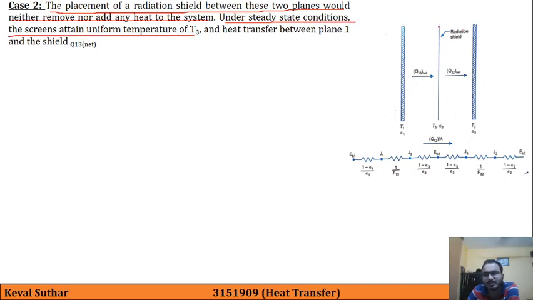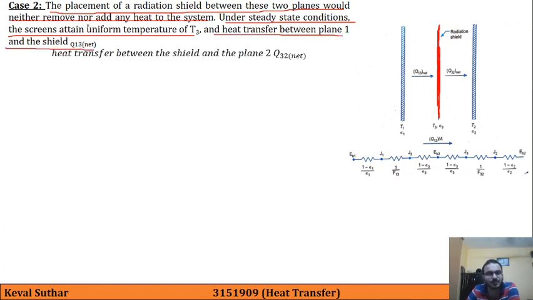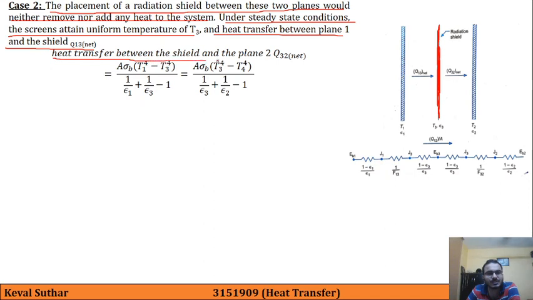Now we are discussing this radiation shield, the heat transfer between plane 1 and the shield, and the heat transfer between the shield and plane 2 is given in this way.